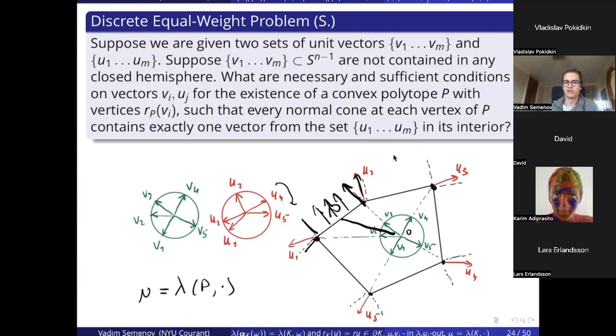So it is not a solution, and in fact, your lambda k measure blows up. So this is why we need this interior assumption.